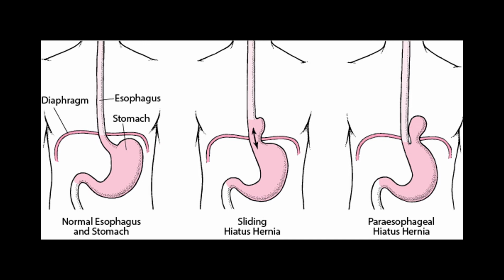The presence of an air fluid level is suggestive of the diagnosis. For the rolling or paraesophageal hiatal hernia, it is way less common than the sliding hiatal hernia, so the gastroesophageal junction remains in its normal location while a portion of the stomach herniates above the diaphragm.